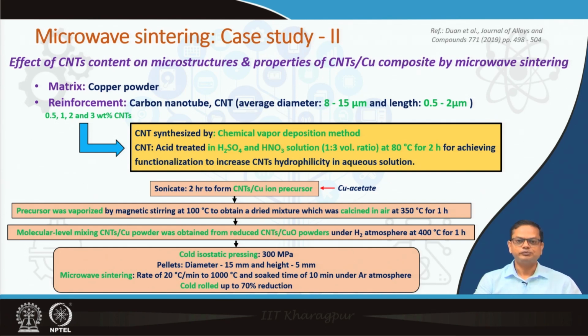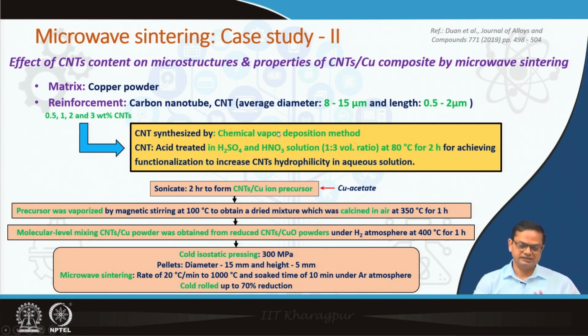Okay. So, what you see here is that once the CNT has been functionalized, then the CNT has been sonicated with copper acetate. Copper acetate is being used because it is basically a source of copper ion. So, basically that is what it says, CNTs and copper ion precursor have been sonicated.